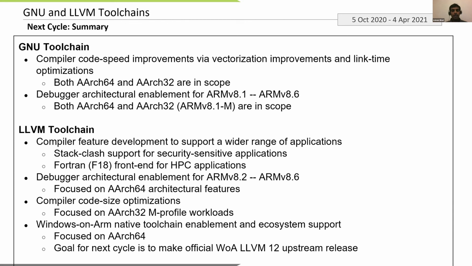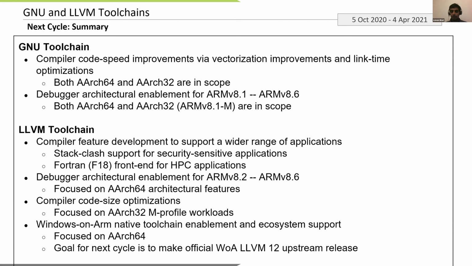The last big item that Linaro is going to be working on in the next 6 months, and they've already started work on this, is the Windows on ARM native toolchain. What this means is if you have a Windows on ARM laptop or Surface device, you will have an LLVM native toolchain by LLVM 12.